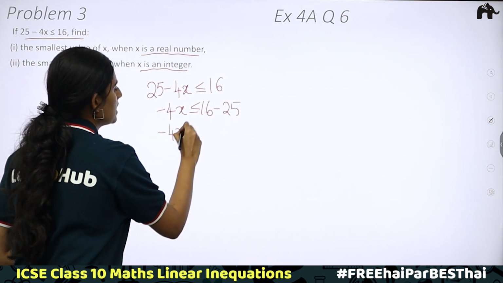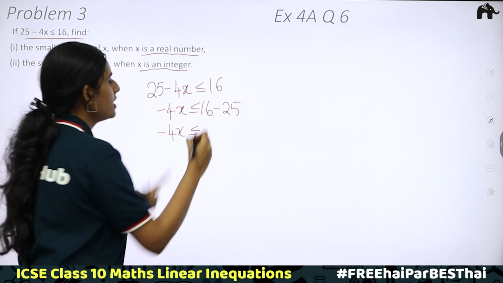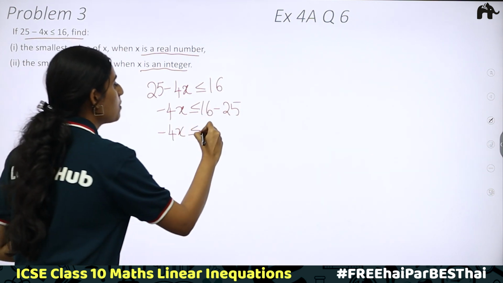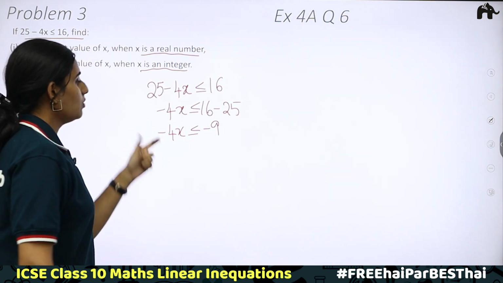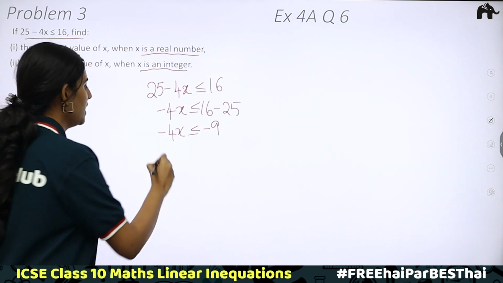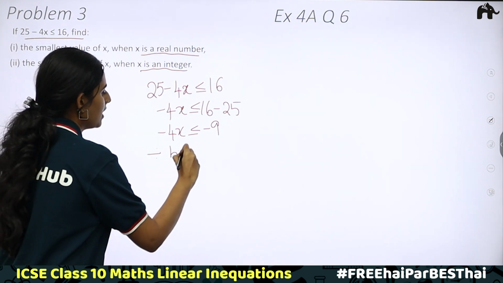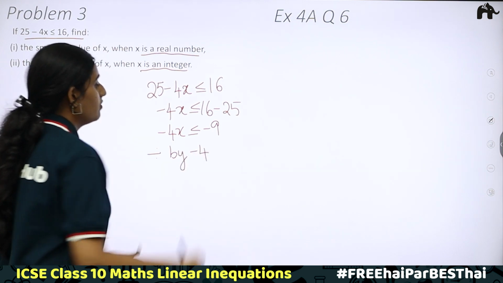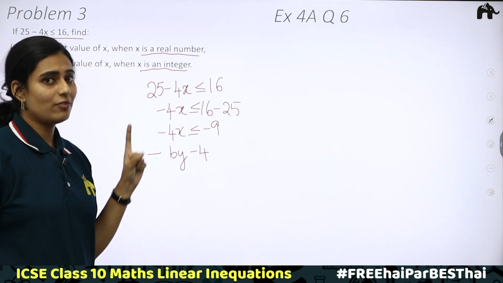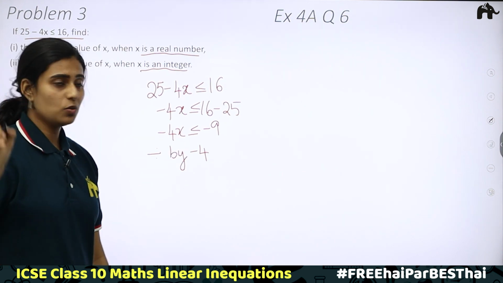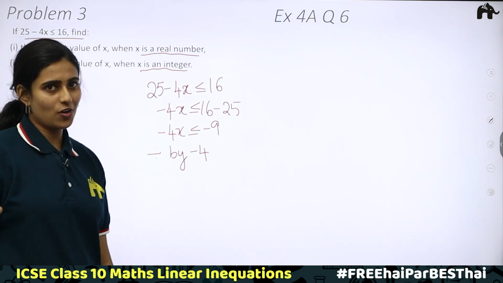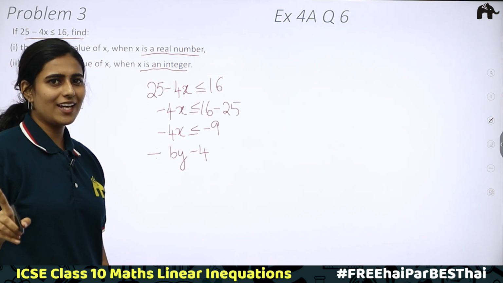Minus 4x less than or equal to 16 minus 25, which is minus 9. Now we have to remove this negative sign. For that we will be dividing by minus 4. When you divide by minus 4, you have to remember to reverse the inequality. Rule number 4. All of you remember, right?